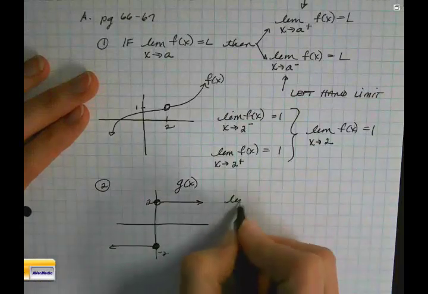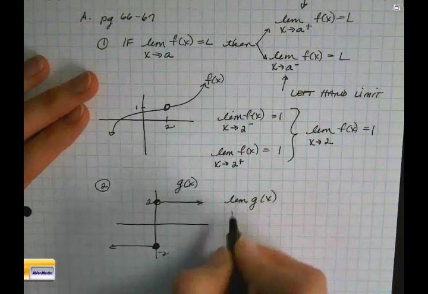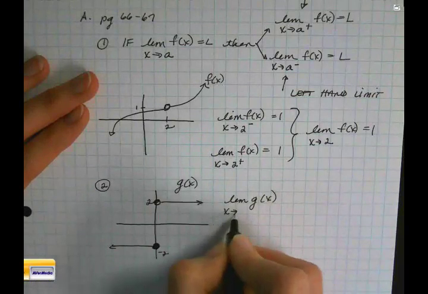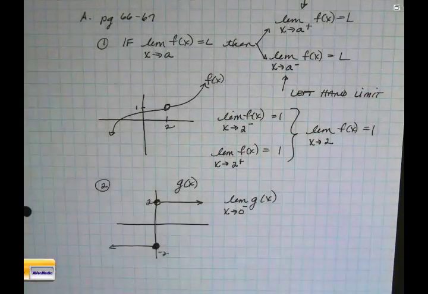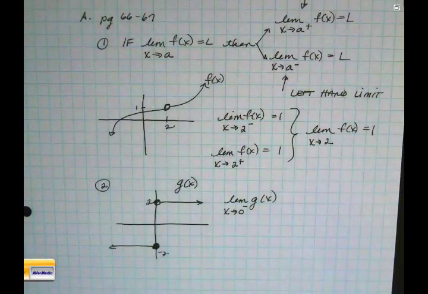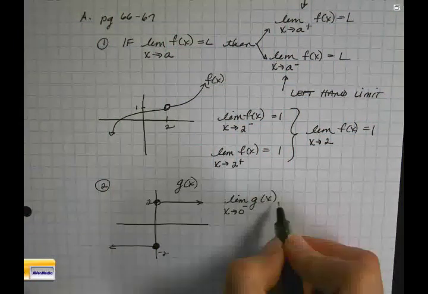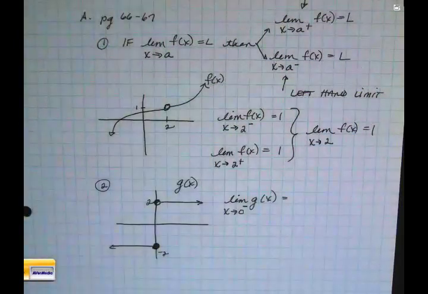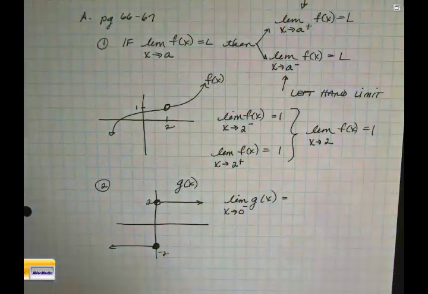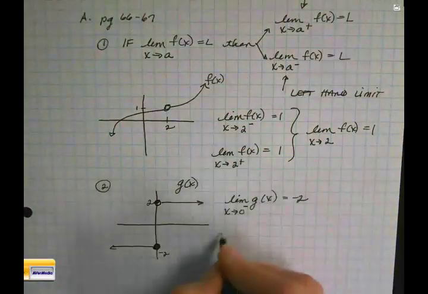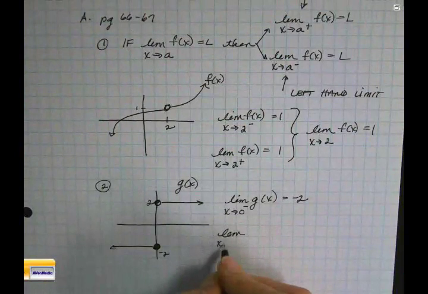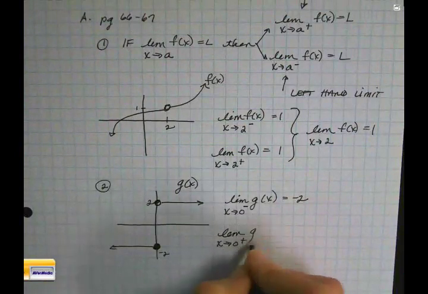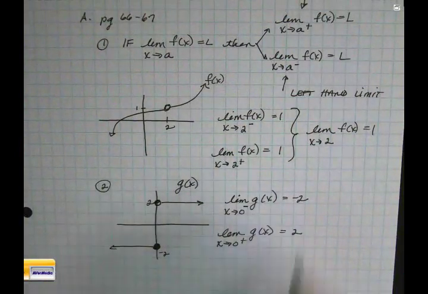Okay, so the limit of g of x, let's come in from the left, as x is approaching 0 from the left. What is the limit of that function as x is approaching 0 from the left? Negative 2. The limit as x is approaching 0 from the right is positive 2.